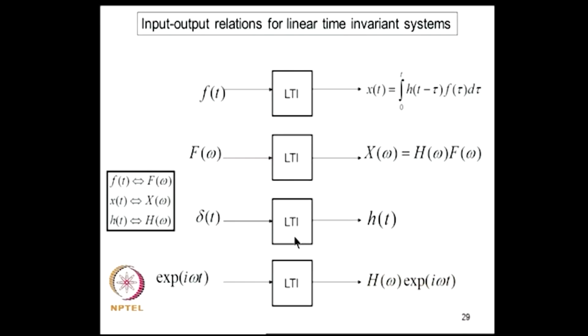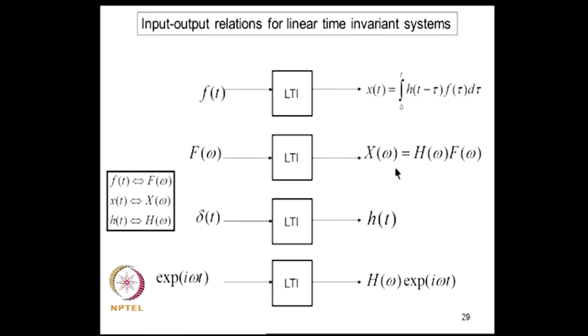A general framework for representing the input output relations for linear time invariant systems is displayed in this view graph. Suppose the forcing function f of t is specified in time domain and it is the input to a linear time invariant system. LTI stands for linear time invariant system. The output will be through a convolution integral where h is the impulse response function. On the other hand, if you specify the input in the Fourier domain, you give the Fourier transform of f of t.